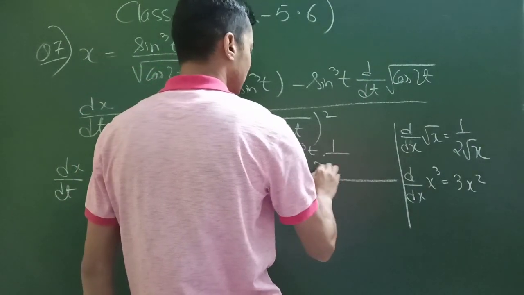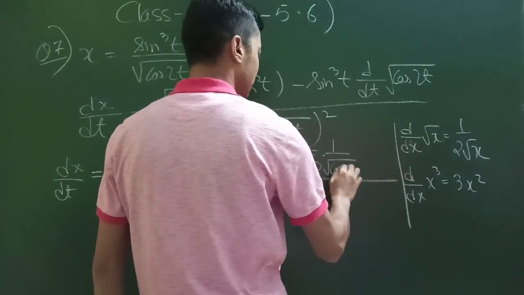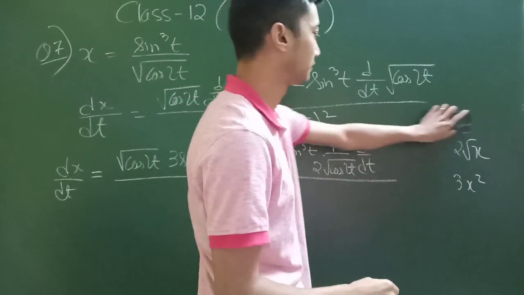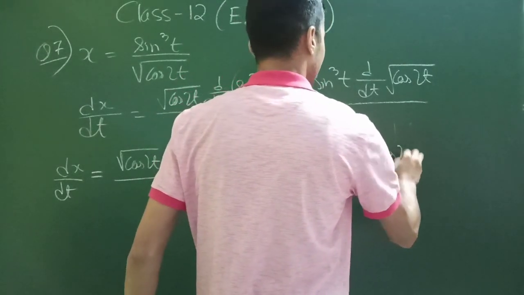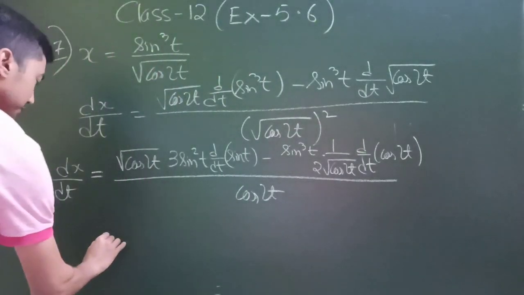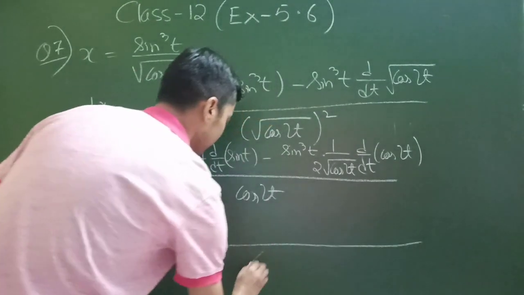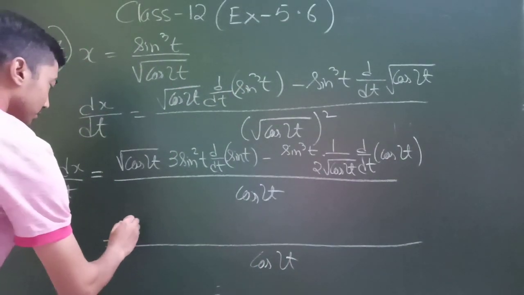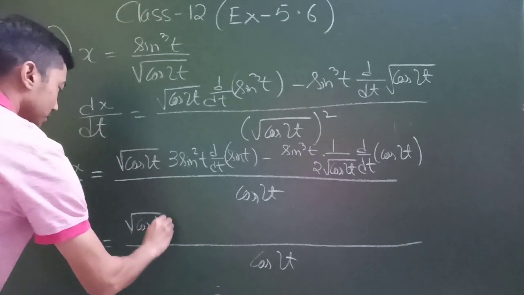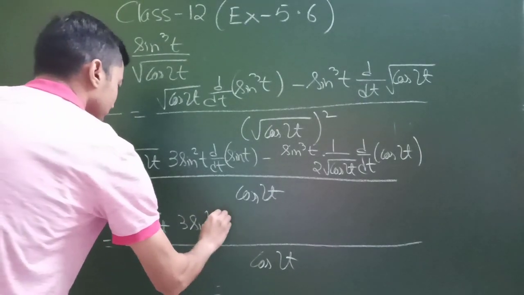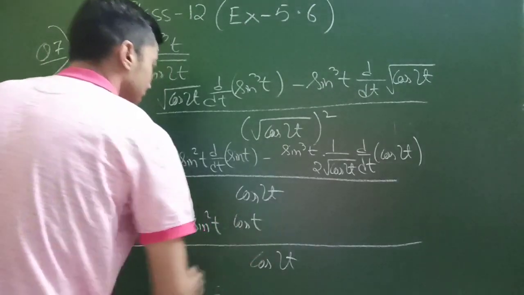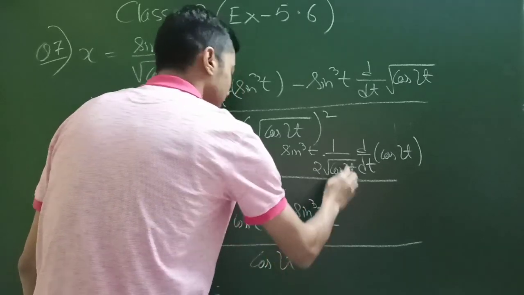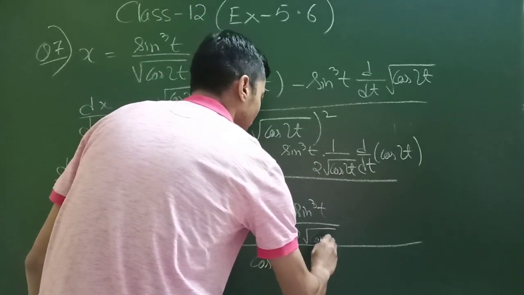That will be 1 by 2 root cos 2t, using this. Writing that once again: root over cos 2t times 3 sine squared t, the derivative of sine t is cos t, minus sine cube t by 2 root of cos 2t.